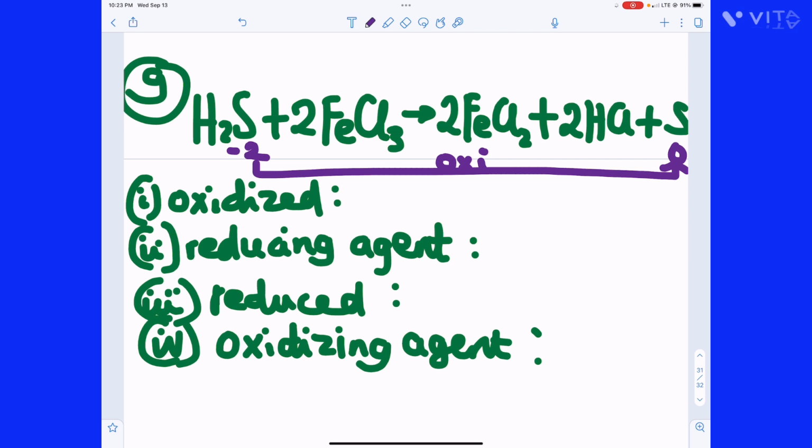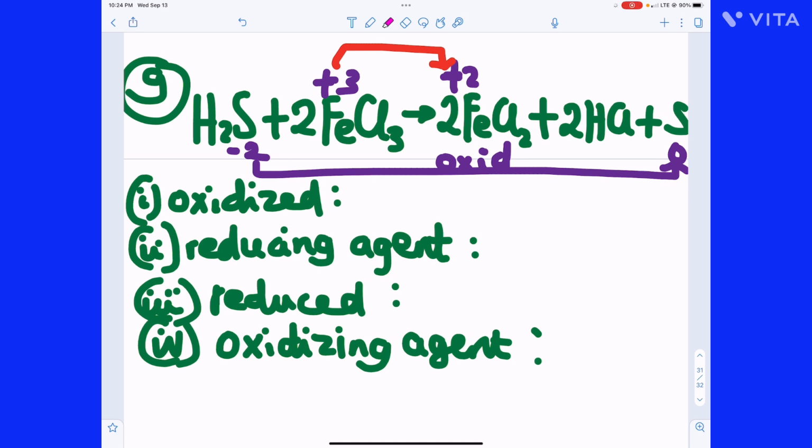But if you go to iron, the oxidation number of iron in iron 3 chloride is +3, but +2 in this compound. We call this compound iron 2 chloride. That means this is a what? A reduction. That means we can call this a reduction, because a reduction is a decrease in oxidation number.